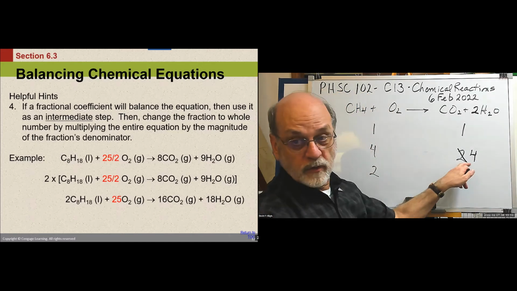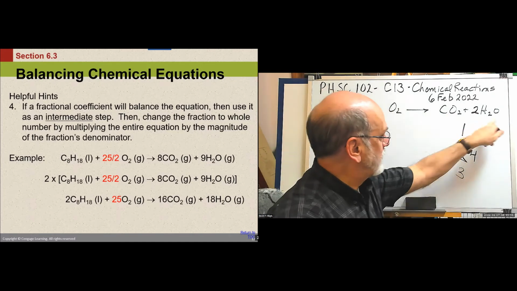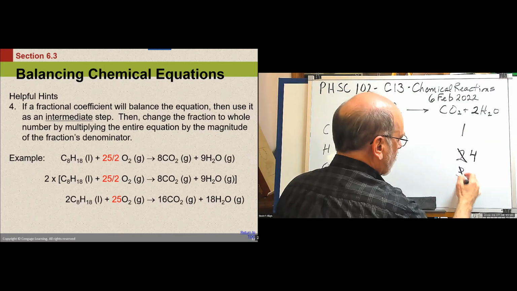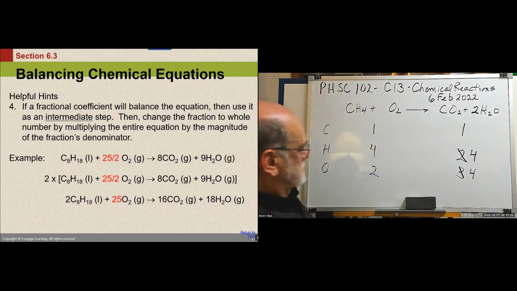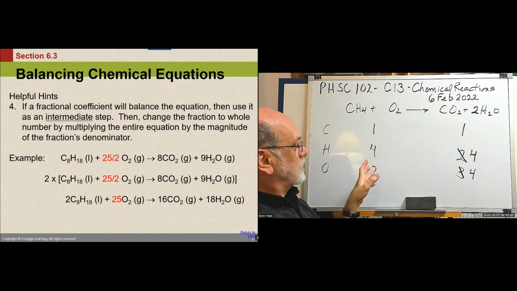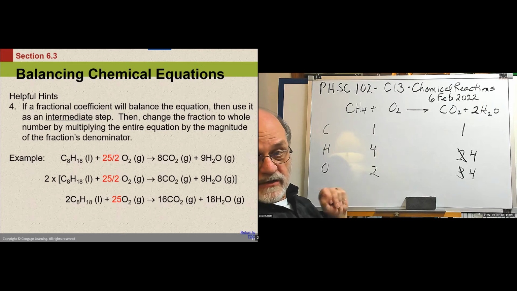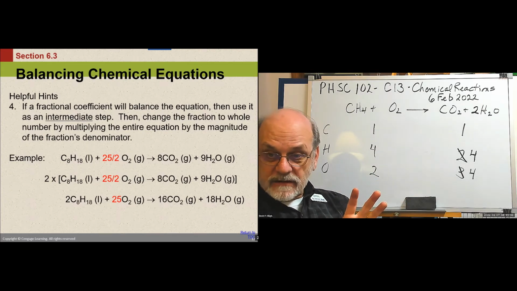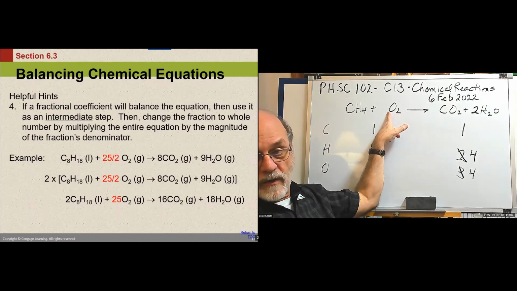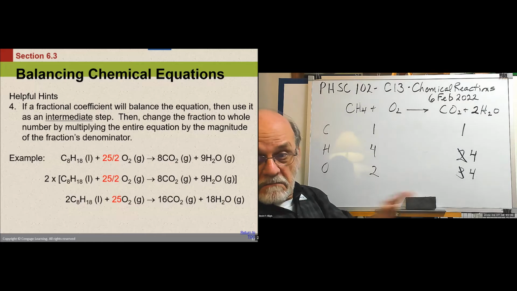Notice I crossed out the old one and put the new one in. 4 hydrogens total. And then we also have 4 oxygens. Okay. Now where do we go? Well, carbon's balanced, hydrogen's balanced. How about oxygen? We left oxygen till last. So if we've got 4 on this side and 2 on that side, if we put a 2 in front of that one, that'll give us 4 oxygens and we're done.